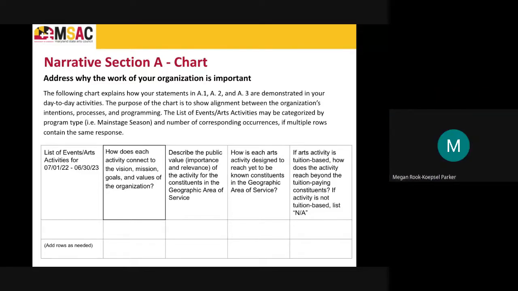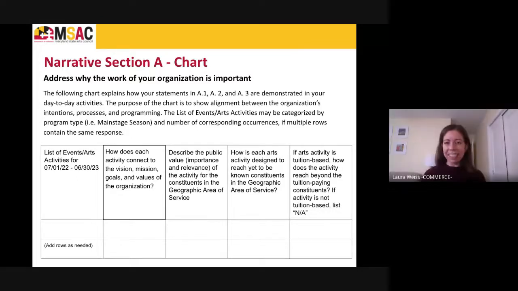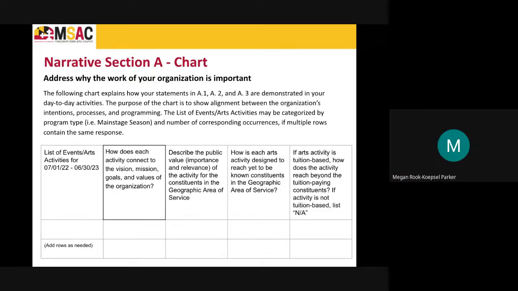Can I ask a clarifying question? Yeah. This is why it's very confusing to me. The way that this question is written, it seems to suggest: how is each arts activity designed to reach yet to be known constituents? That sounds like a different question than, how are you trying to reach yet to be known constituents? So every time I go to answer this, I'm very confused by it.